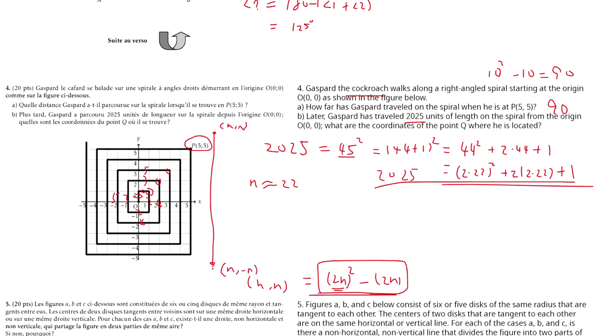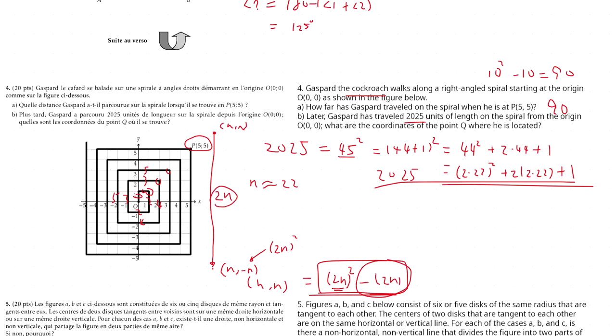So he has to travel 2n additional units. So then the total distance becomes 2n squared, because the minus 2n is gone since he traveled 2n units more.